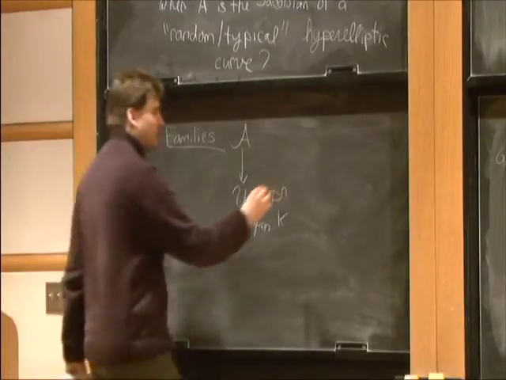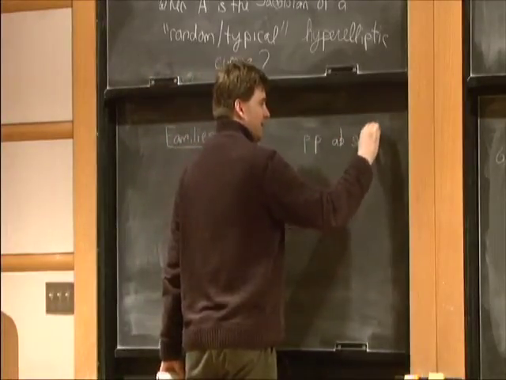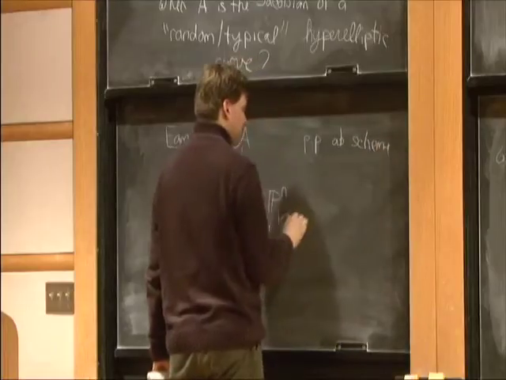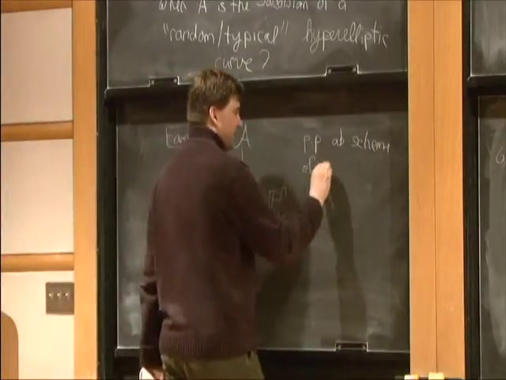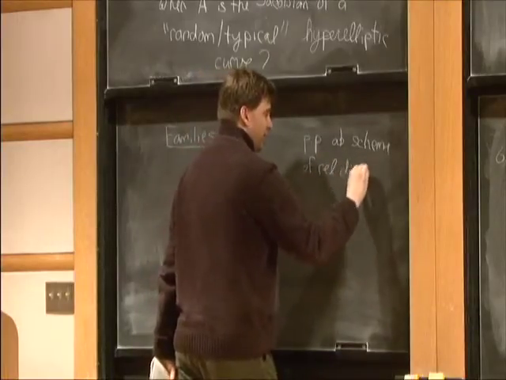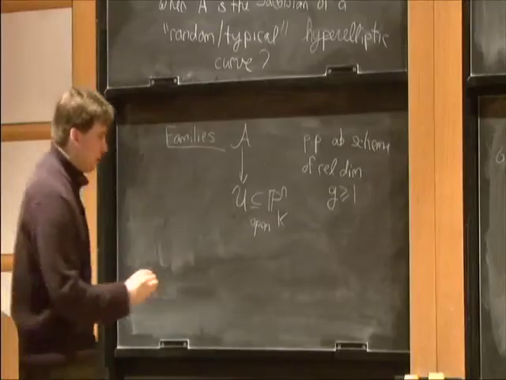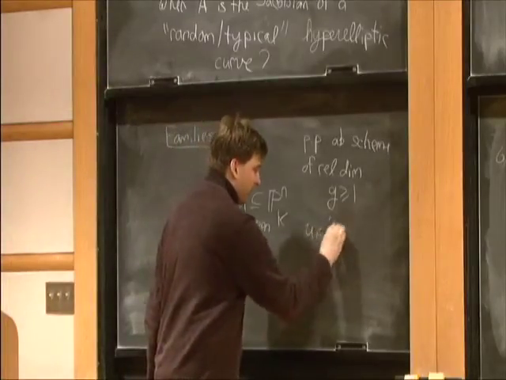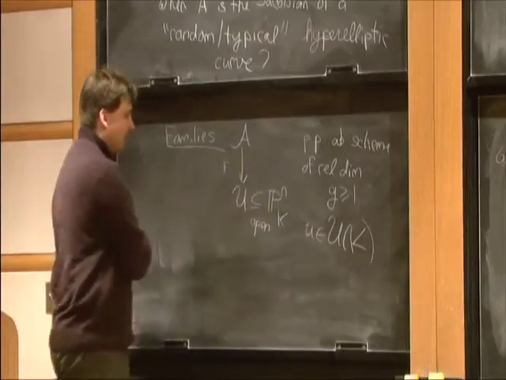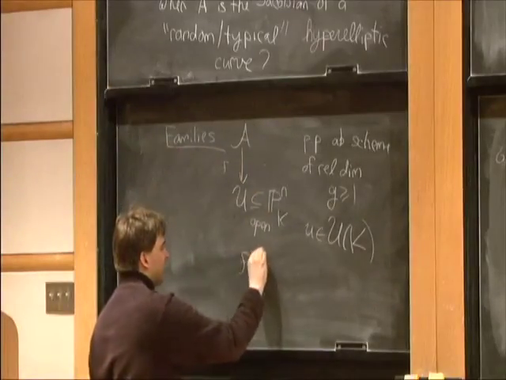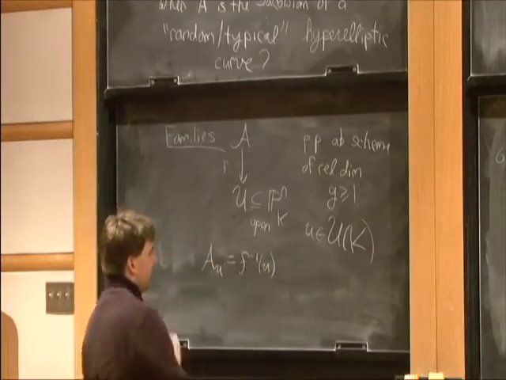And this is going to be a principally polarized abelian scheme over U of relative dimension G. And then when you have a point downstairs, let me give it a name, F, the fiber is an abelian variety.